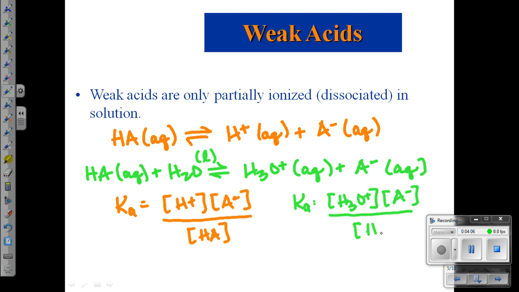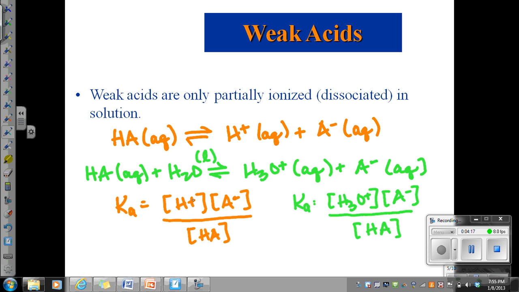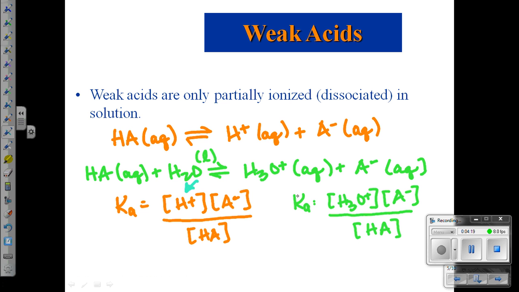And I'm going to have the weak acid reactant in the denominator. If you look, these two are the same thing. The only thing that is different is that in the first one, we have the proton, and in the second one, we have the hydronium ion.